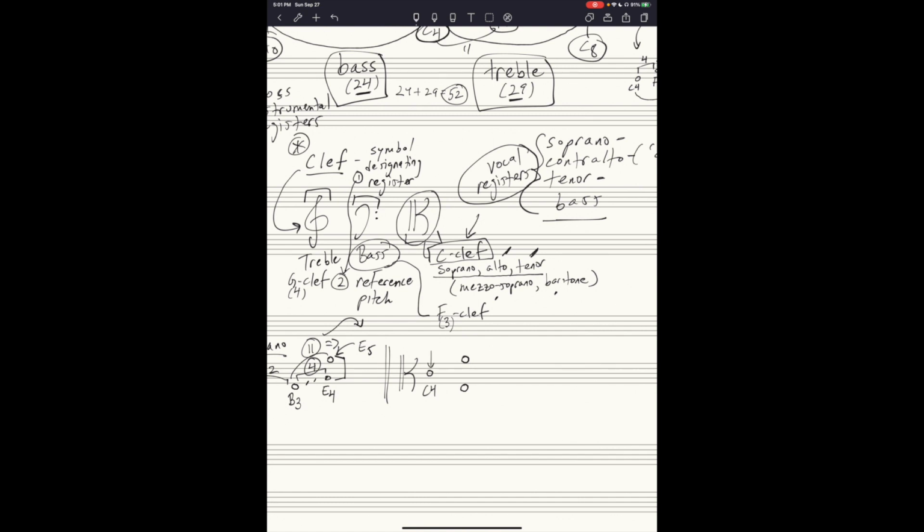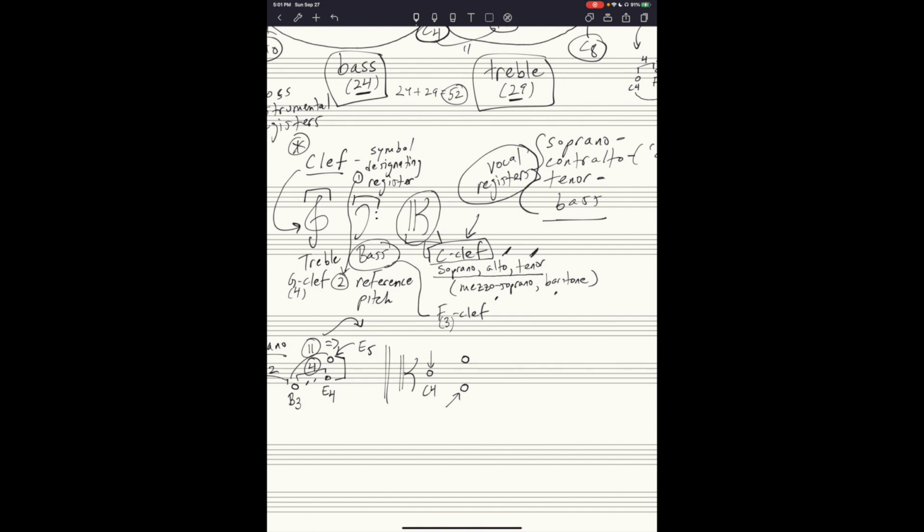C4 is on a line. This is on a space. The interval size must be even or odd, right? I'm asking you, what does it have to be? It has to be even because these are not the same type of position on the staff. A line to a space is always an even-sized interval.